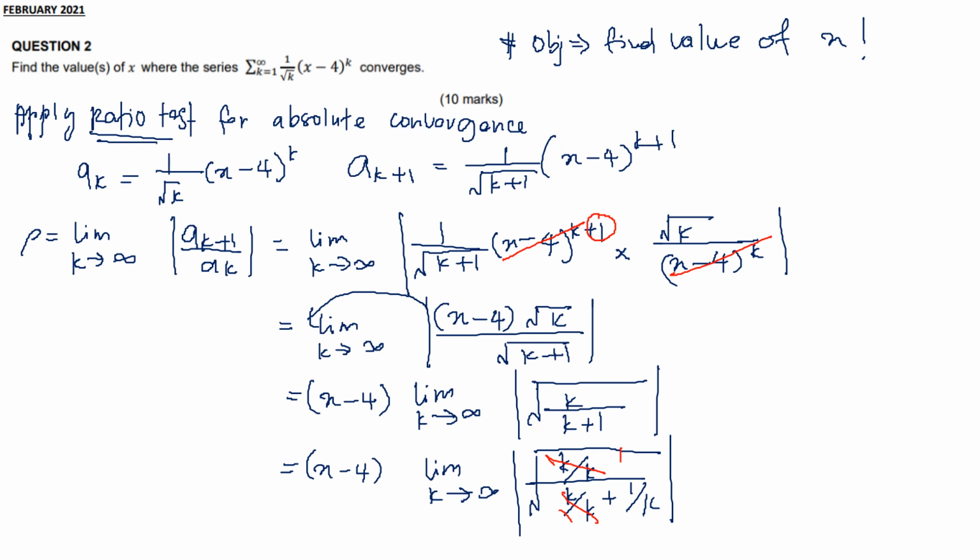So your answer is the absolute value of x minus 4 times 1.